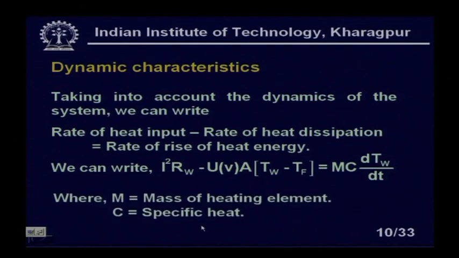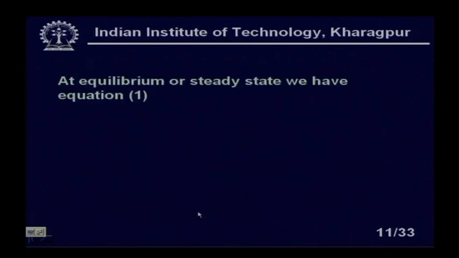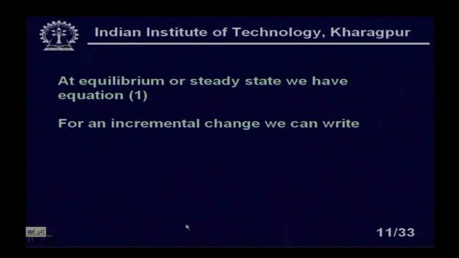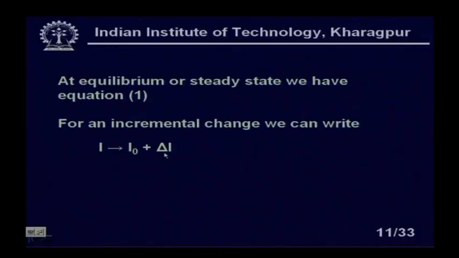Here m is the mass of the heating element and c is the specific heat of the element. At equilibrium or steady state we have equation 1. For incremental change we can write, for there is a change in the wire temperature. Okay. So, change of velocity, what will happen? For incremental change, I has changed to I naught plus delta I. T_W, wire temperature, previously it was steady state condition T_W0.